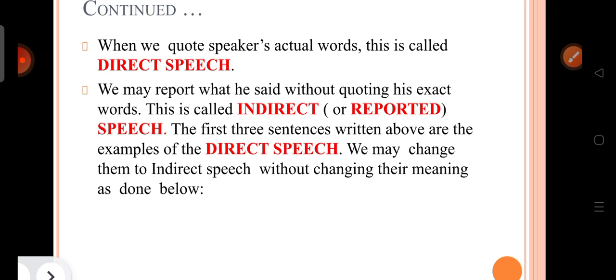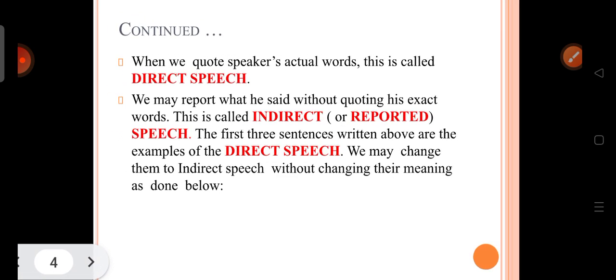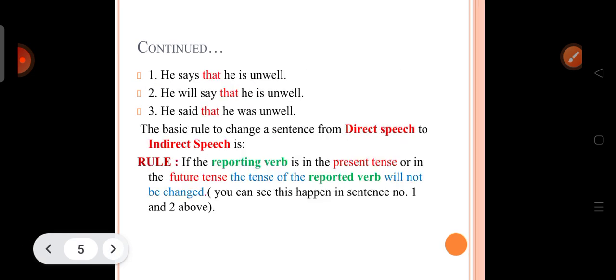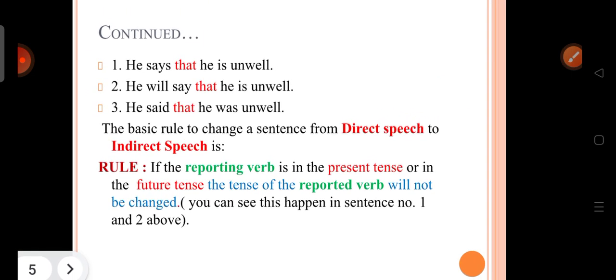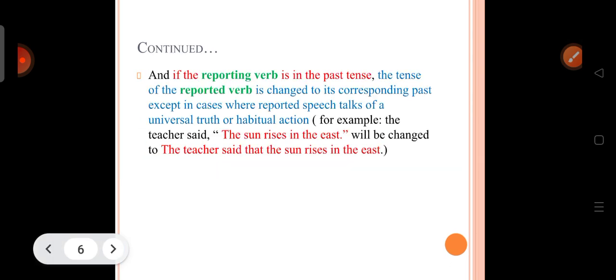We may change them to indirect speech without changing their meaning, as done below. Let's look at the examples given here.